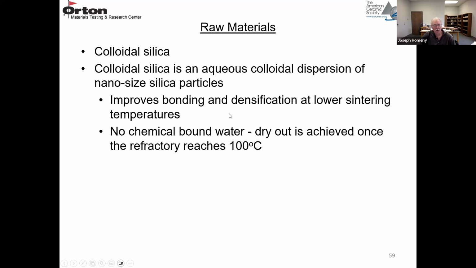So the finer the particle size, the more reactive, and that allows sintering at lower temperatures. There's no chemically bound water, so they're in a water suspension. So once you reach 100 degrees C, the physically held water is gone. So there's no dry out to be concerned about because there's no chemically bound water.